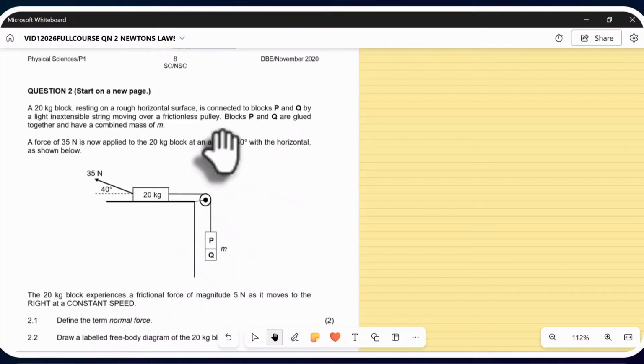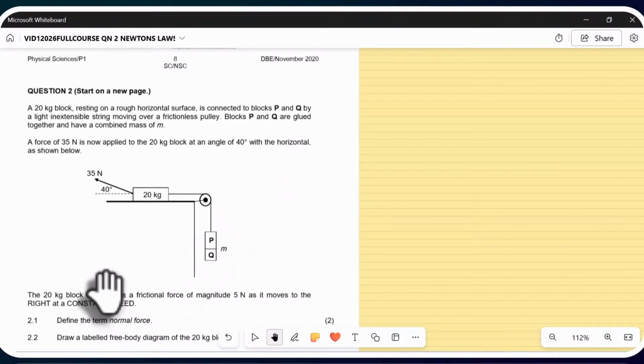Blocks P and Q are glued together and they have a combined mass of M. A force of 35 newtons is now applied to the 20 kilogram block at an angle of 40 degrees with the horizontal as shown below. They say the 20 kilogram block experiences a frictional force of magnitude 5 newtons as it moves to the right at a constant speed.